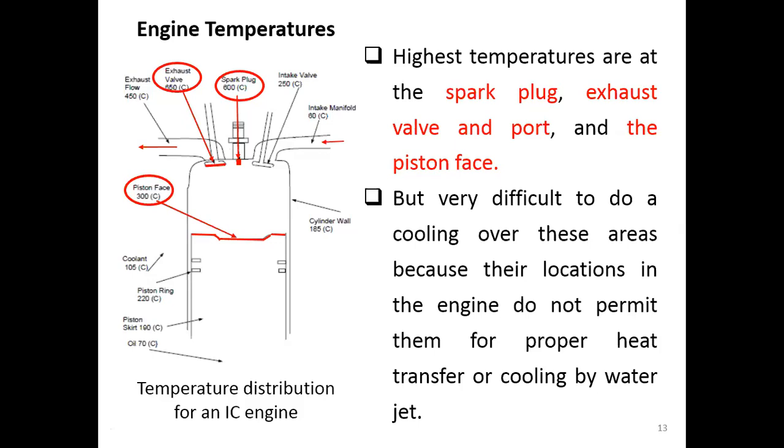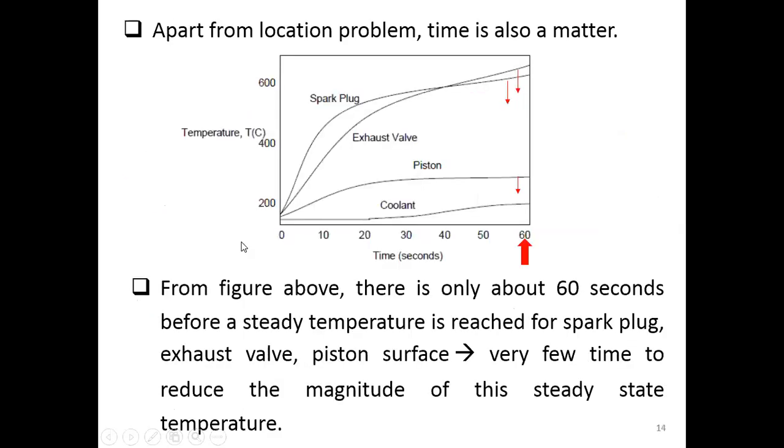If we want to use a water jet, we cannot do it properly due to the locations. We know that all these places need good heat transfer so that the temperature will not go too high. But look at the locations, it's very difficult.